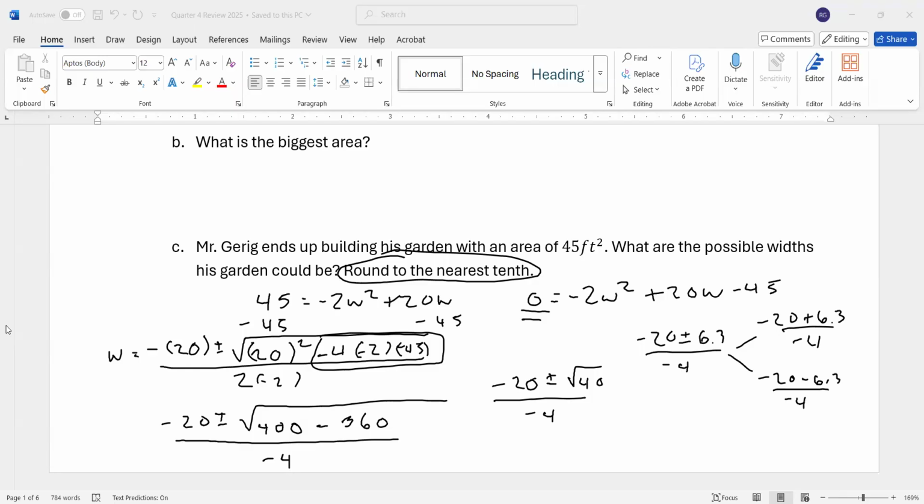So negative 20 plus 6.3 is negative 13.7. Divided by negative 4. And you get 3.425, so 3.4.